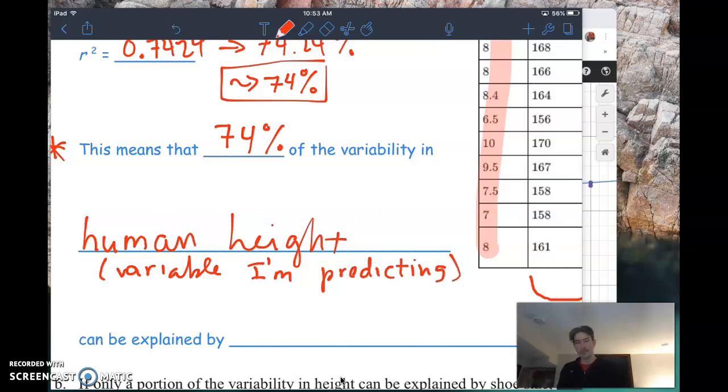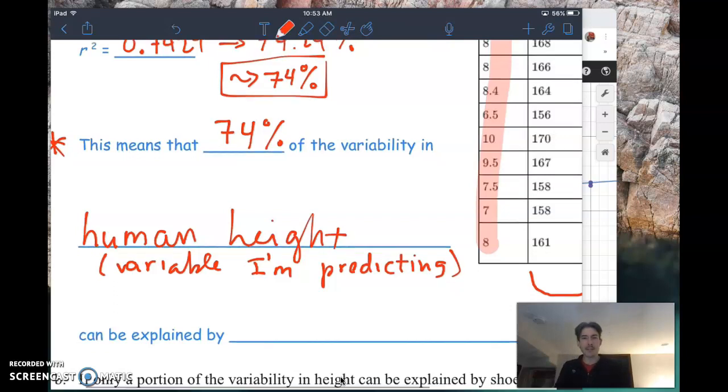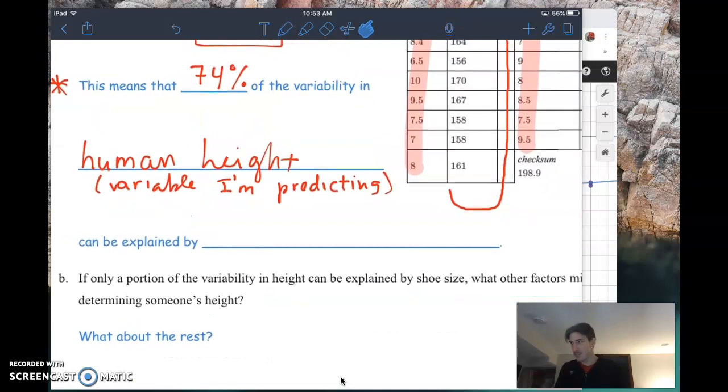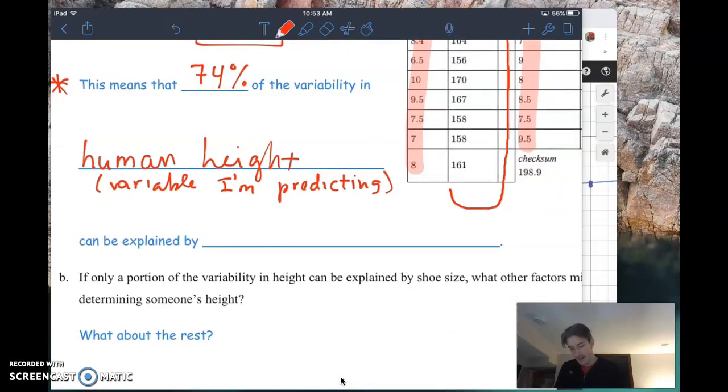Okay, so it's going to be your y, or your response variable. All right, this means that 74% of the variability in human height can be explained by our LSRL model, or a linear relationship with shoe size.